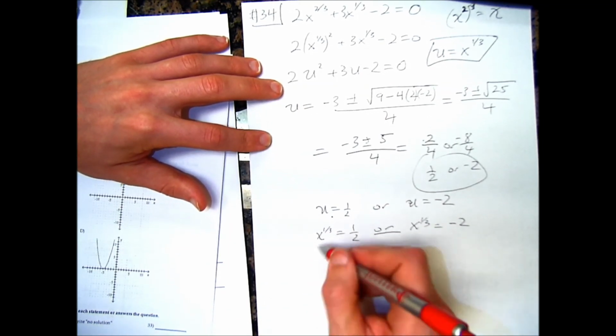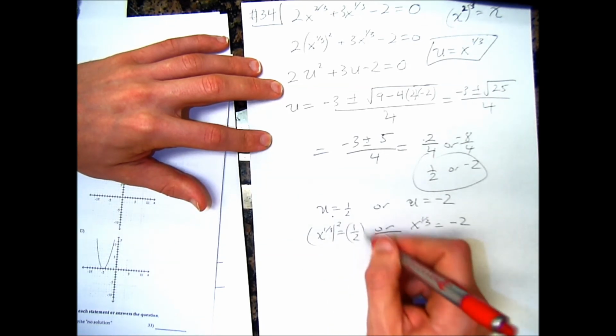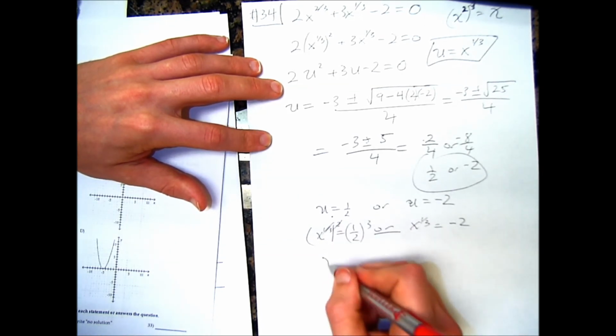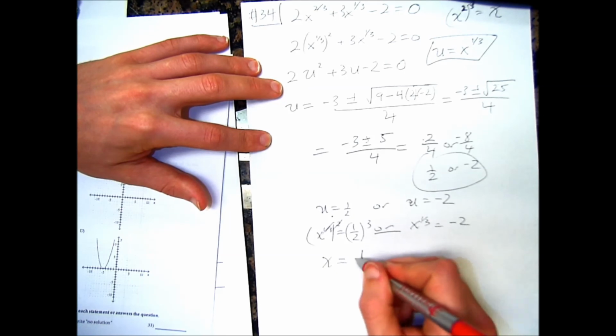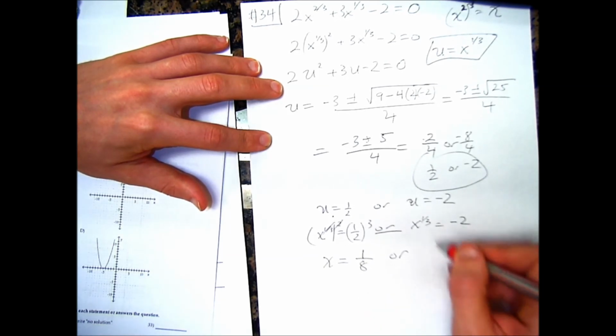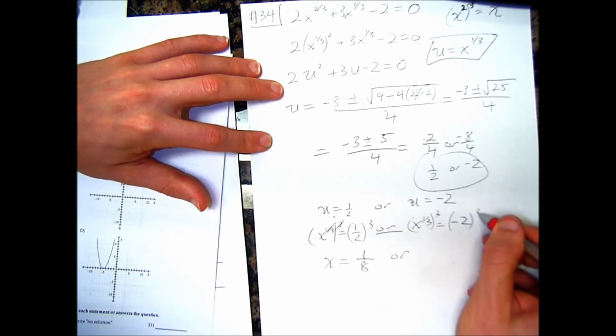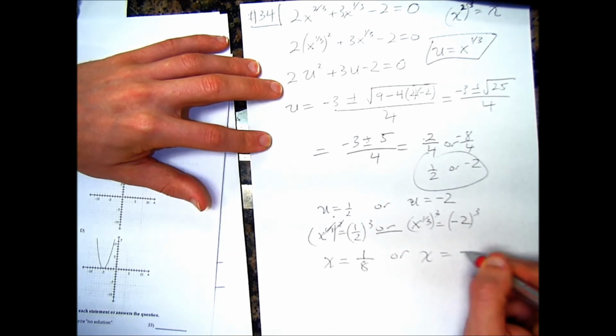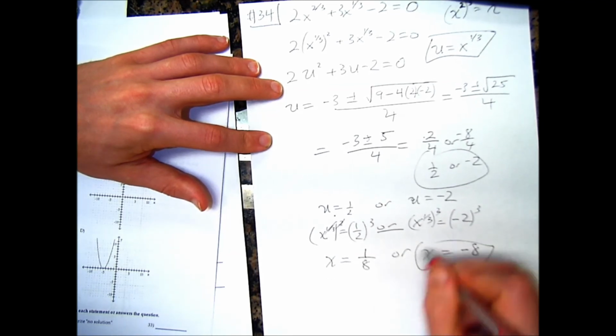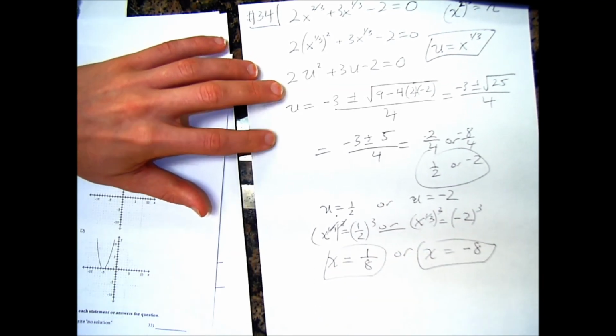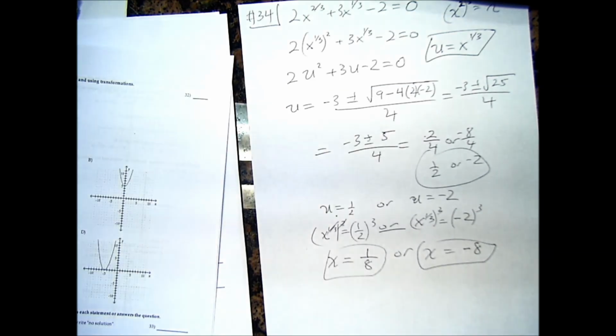So now to get x by itself, I just cube both sides, because that'll cancel the 1/3, and this gives me 1 over 8, or cubing both sides of this gives me x equals -8. So these are my two solutions here. And there's no need to go back and check for these problems.